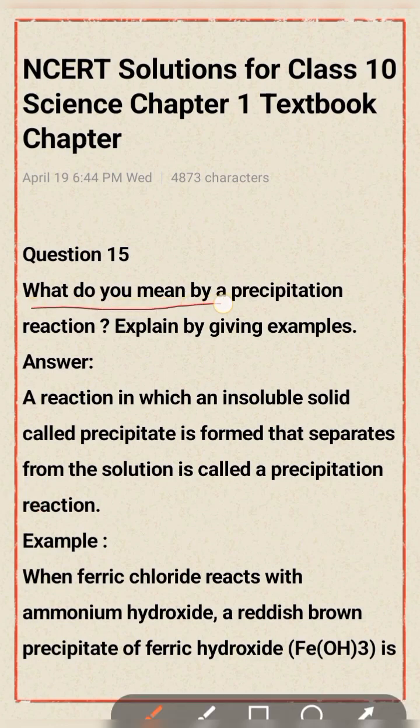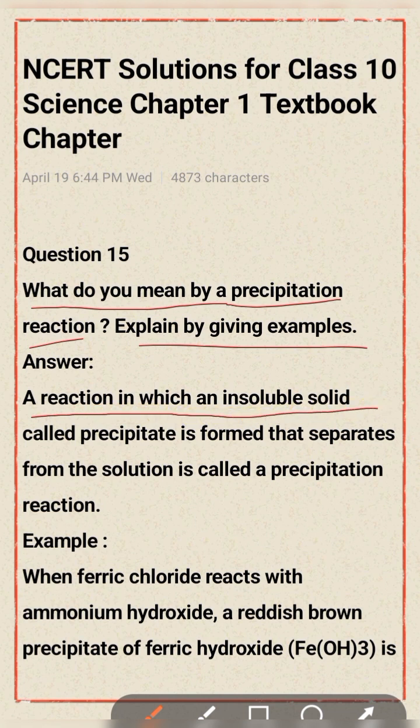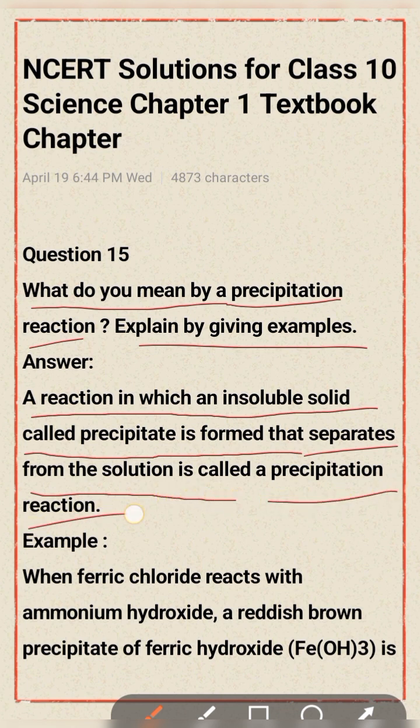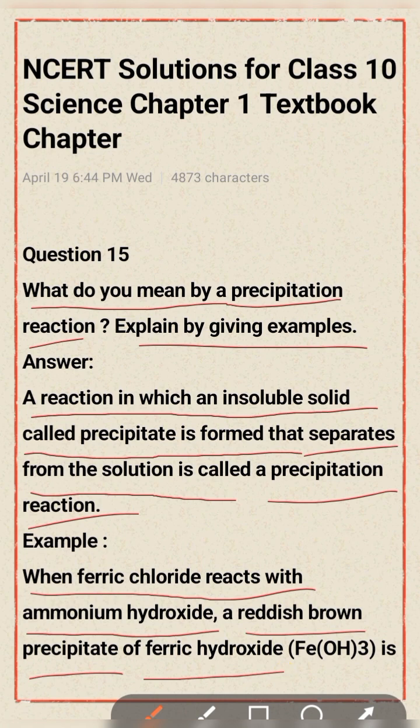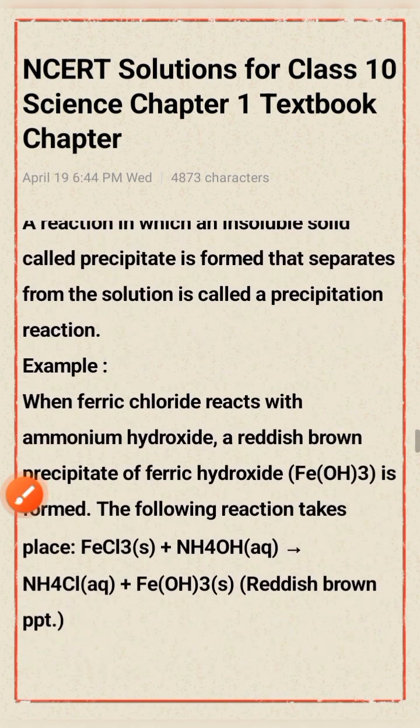Question number 15. What do you mean by a precipitation reaction? Explain by giving an example. A reaction in which an insoluble solid called a precipitate is formed that separates from the solution is called a precipitation reaction. For example, when ferric chloride reacts with ammonium hydroxide, a reddish-brown precipitate of ferric hydroxide Fe(OH)3 is formed.